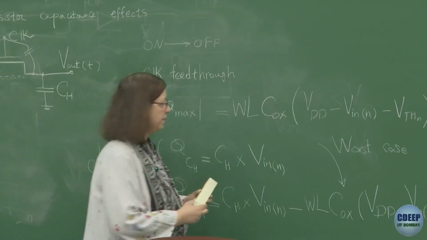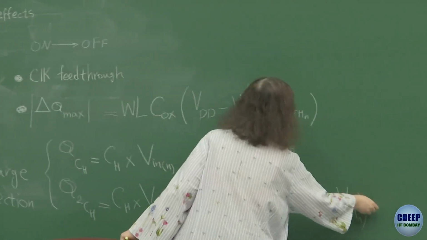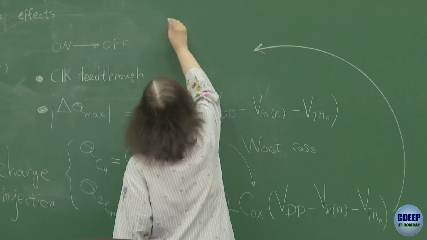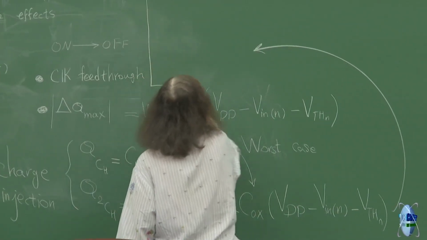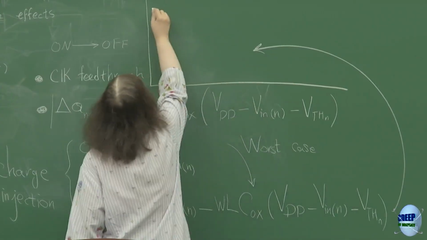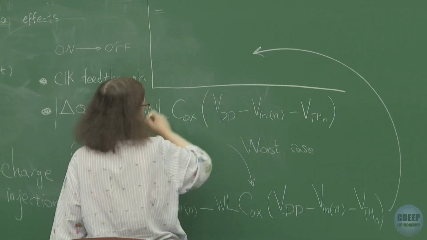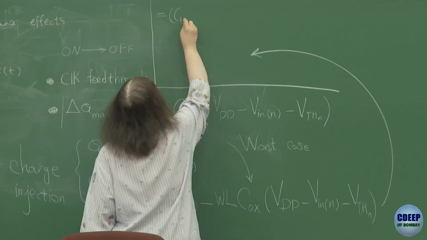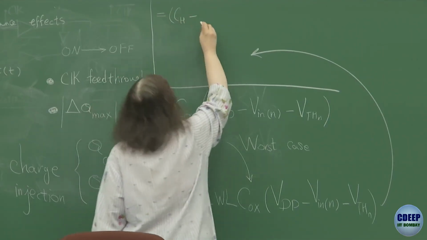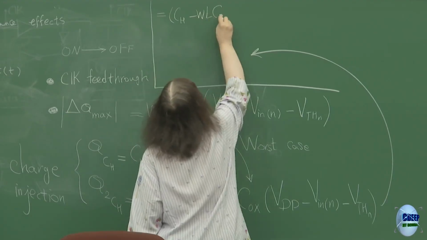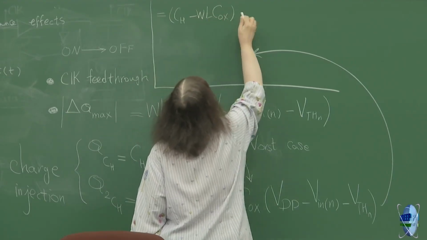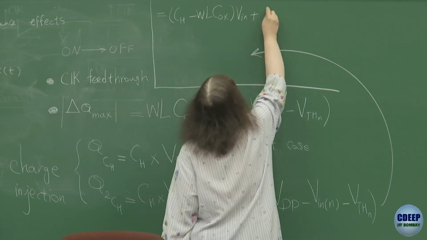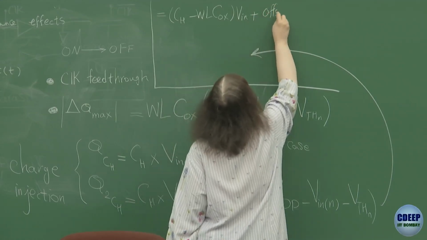So if I want to write it here this way, it equals CH minus WL Cox multiplied by VE, plus some offset voltage.